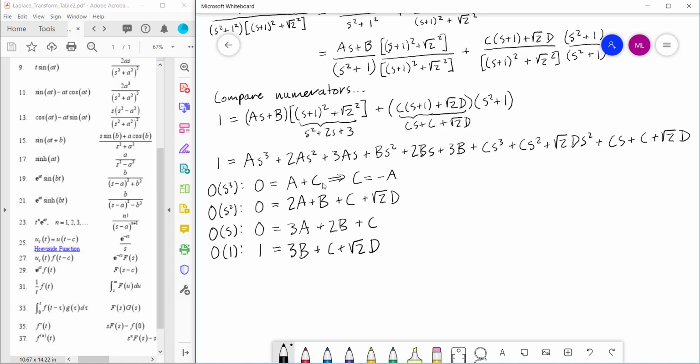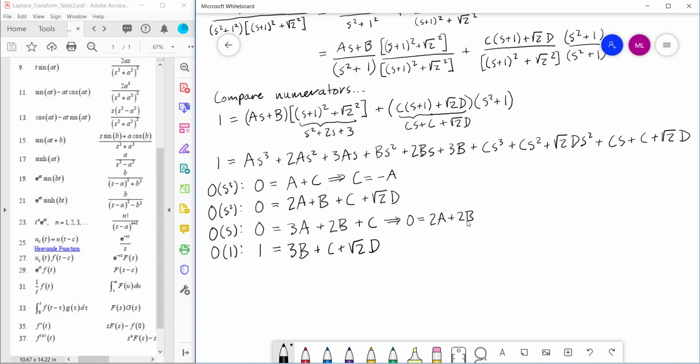And that means that I can then rewrite some of these other equations. So, for example, we can come down to this one and replace that c with a negative a. And that means that this equation can now be rewritten as 0 is equal to 3a plus c, but c is equal to negative a. So 3a minus a is going to be 2a plus 2b.